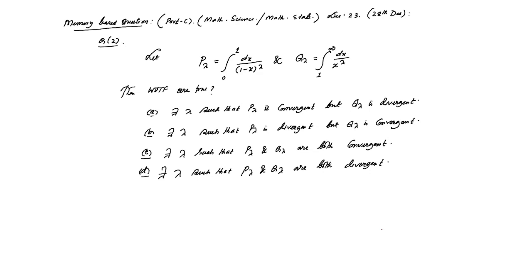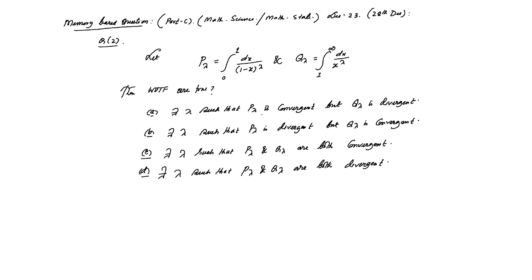This is a memory-based question which has been asked in CSIR NET in mathematical science or statistics. Today, 28th December 23. Here the question is: you are given two improper integrals, P lambda, the integral from 0 to 1 of dx by (1 minus x) to the power lambda, and Q lambda, and the question is which of the following are true.